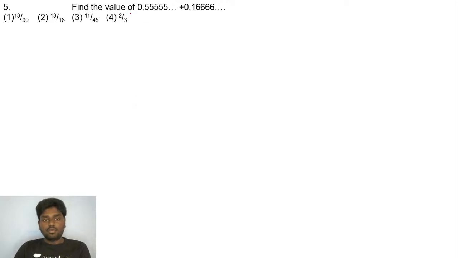You need to find the value of the thing. What's going to be the exact option for this?